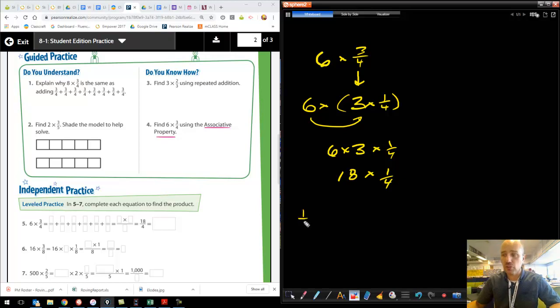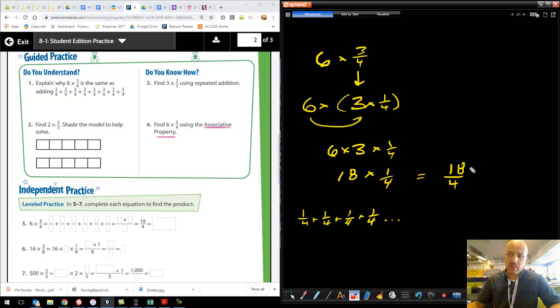If I wanted to, I truly could write that out 18 times, but I don't really want to do that right now. If I did that 18 times, I would do 1 plus 1 plus 1 plus 1 plus 1 plus 1, all the way up to 18. 18 times 1/4 equals 18 fourths.